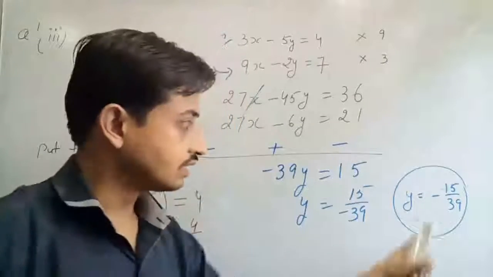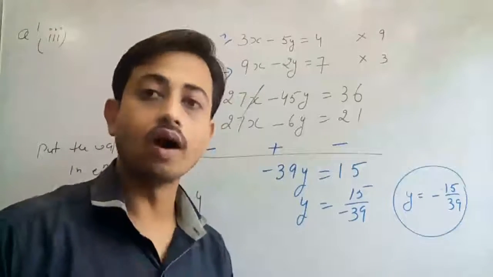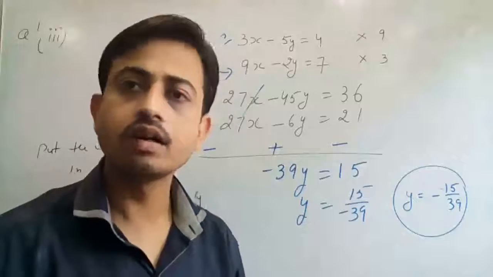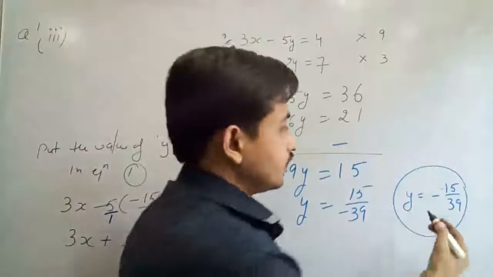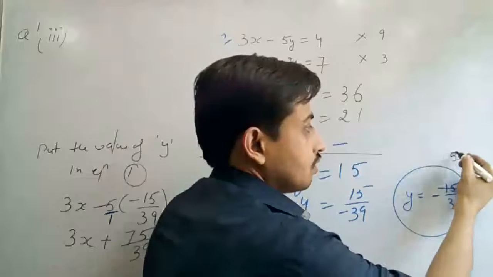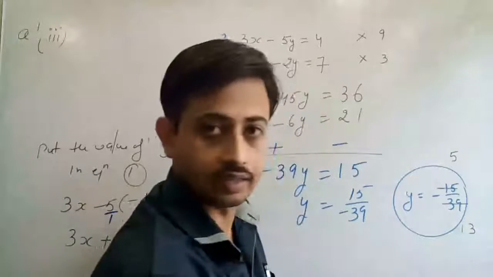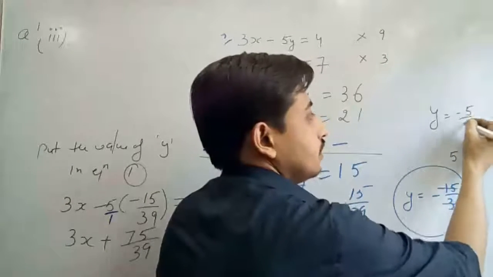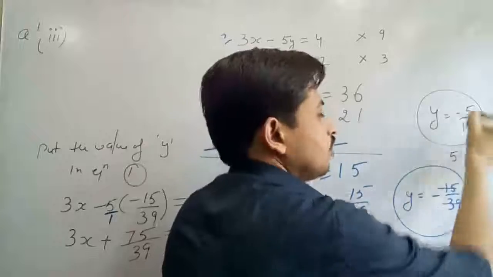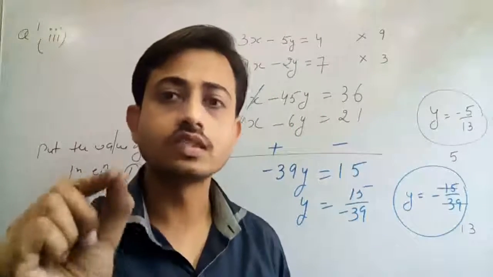Please make a note. The answer is not in terms of minus 15 by 39. Why? Because this can further be cancelled out by the table of 3. You can cut it. 3 5s are 15 and 3 1s are 3, 3 3s are 9. So you get y is equal to minus 5 by 13, because the answer you have to write in terms of most simplified form.